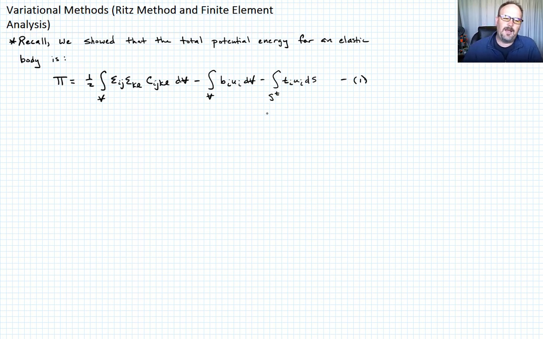All right, I'm going to now switch from our index tensor notation back to Voigt notation because it's more convenient in this case. So let's rewrite equation 1 using Voigt notation.